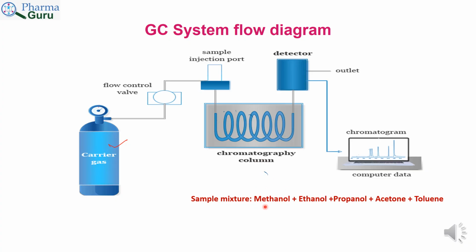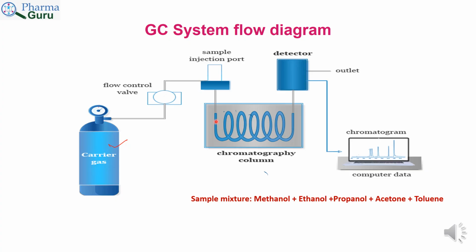Among these molecules, methanol, ethanol and propanol will interact less with the stationary phase and they will elute first from the column. Acetone and toluene are more nonpolar.